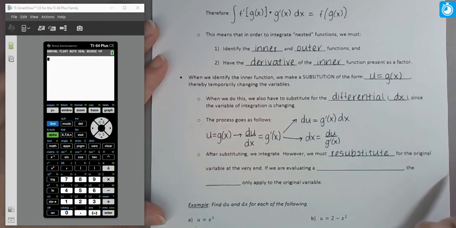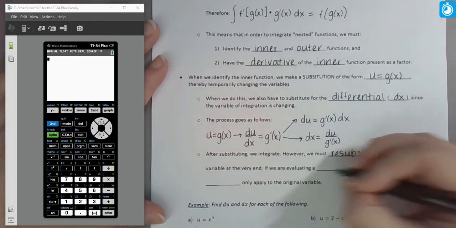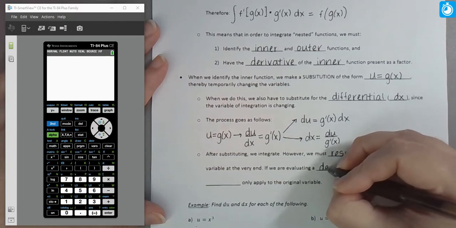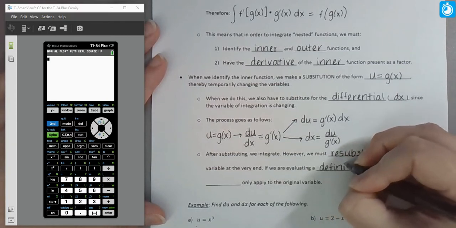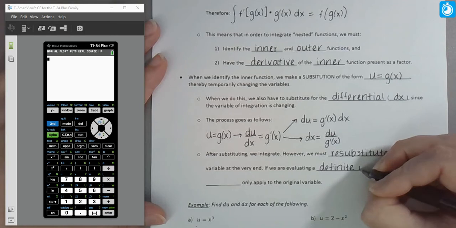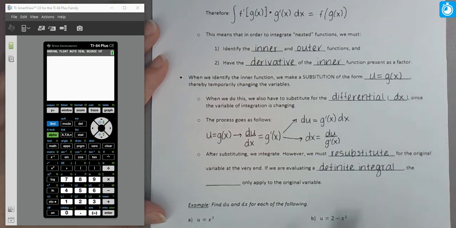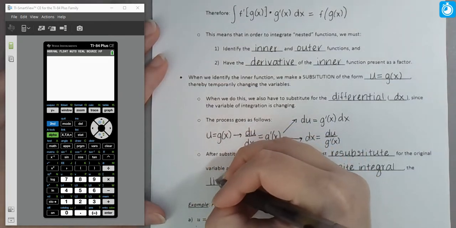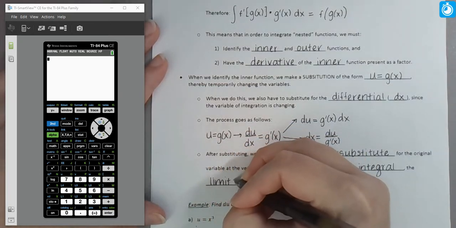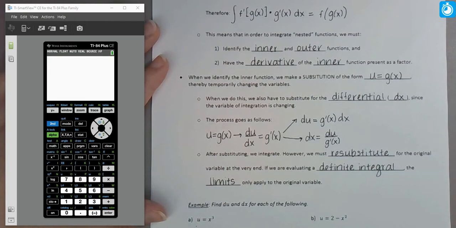And we need to also keep in mind, if we are evaluating a definite integral, in other words, we have limits of integration, and we're not just finding the class of antiderivatives in general, we have to keep in mind the limits only apply to the original variable.